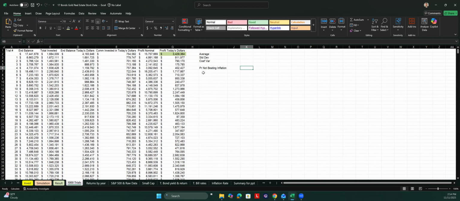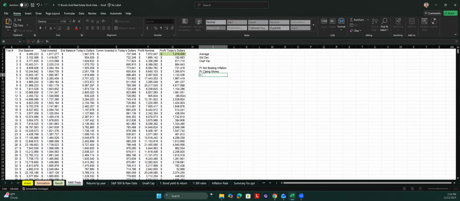Also, maybe I can calculate the probability of losing money. And then maybe I can calculate the probability of making more than $5 million in today's dollars.